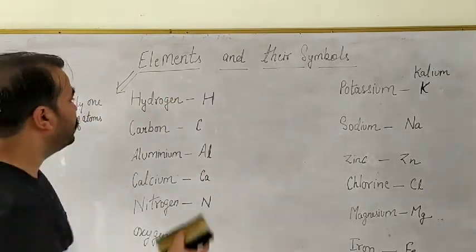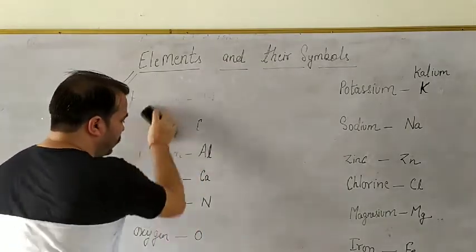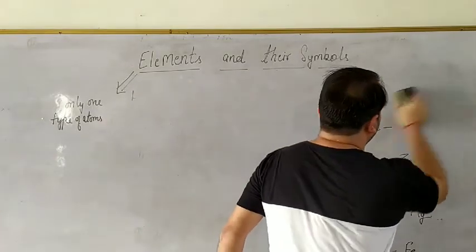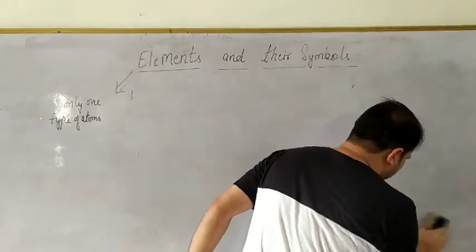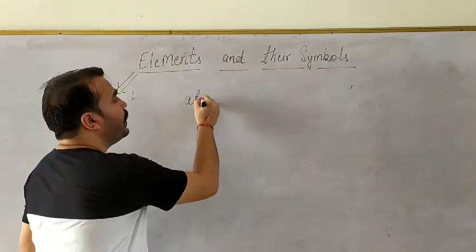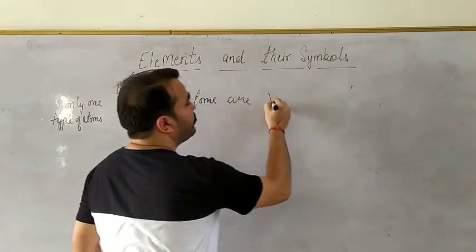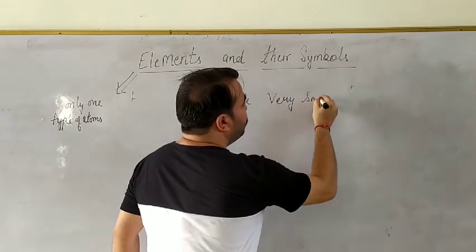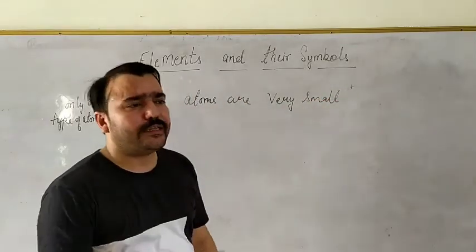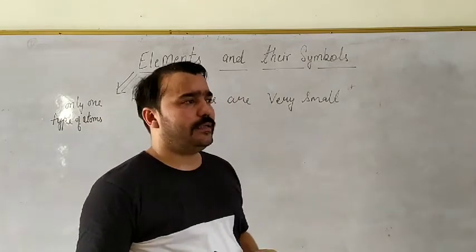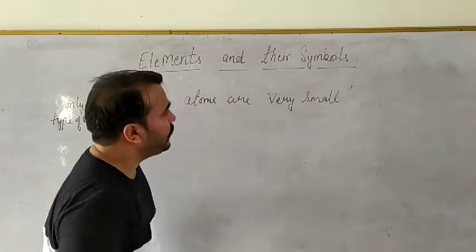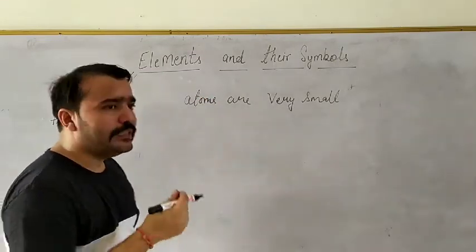Next, we are going to look at masses of different elements. Considering that atoms are very small, measuring the mass of an atom would be very difficult, and it would be very impractical to always write the mass of each atom.